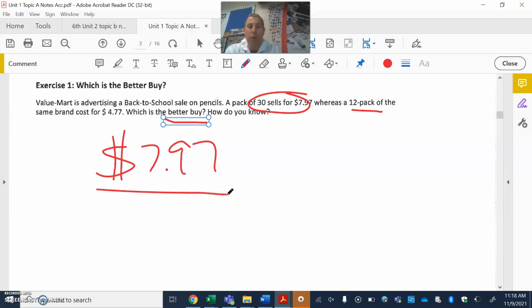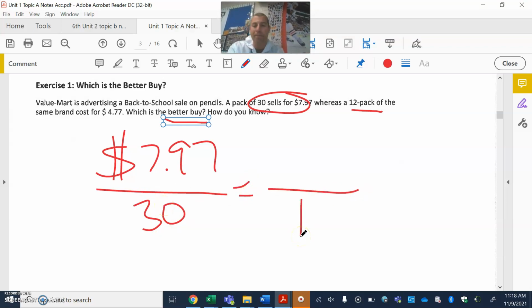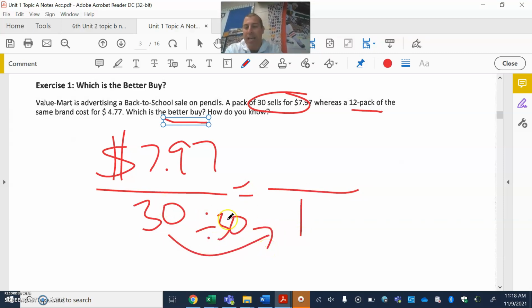So right now we know it's $7.99 for 30 of them. If we want to find the unit rate, so we're trying to figure out how much it is for one, we need to divide by 30. And you might look at the original problem and ask, why don't we just divide right away? Well, you can. It's just showing you where it's coming from. We will be calculator based here again for some of our situations, this absolutely being one of them. So $7.99 divided by the 30.